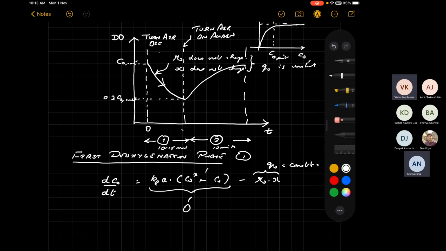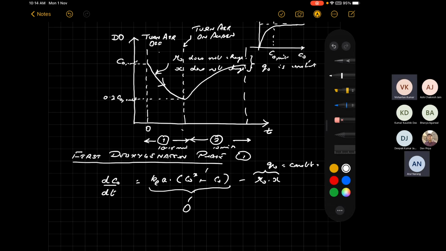Sir, could you explain the previous part once again? It was a bit unclear to me. Which part was not clear? The part where the differences arise when first you turn the air off and then you turn the air on again. So basically the change in dynamics when the air is off and then we turn the air on again.